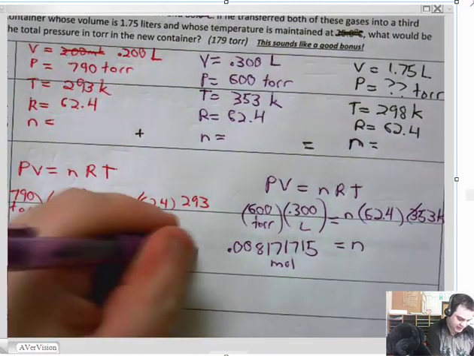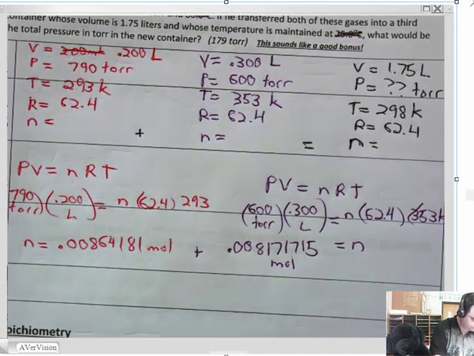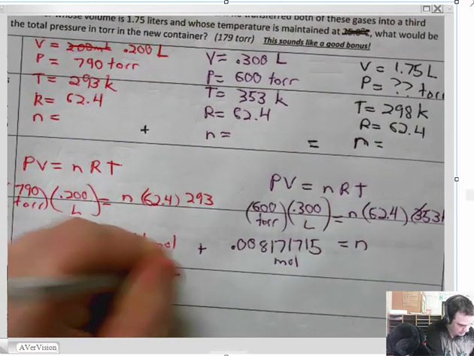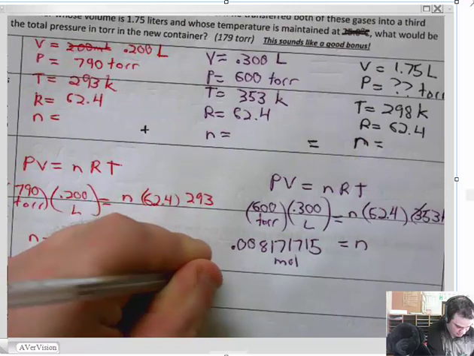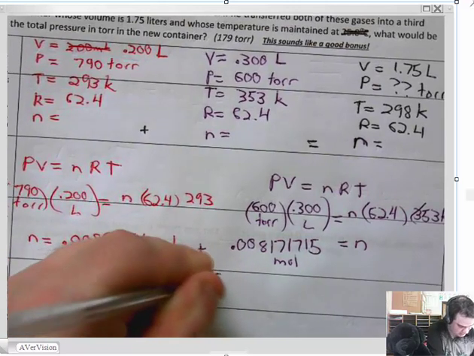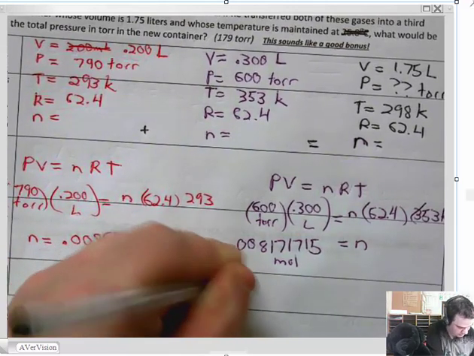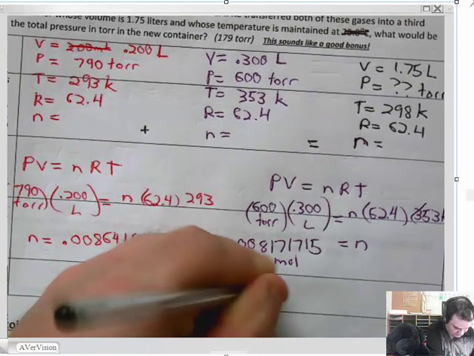So now I'm going to add these two numbers of moles. So my new moles of n is 0.0168135 moles.